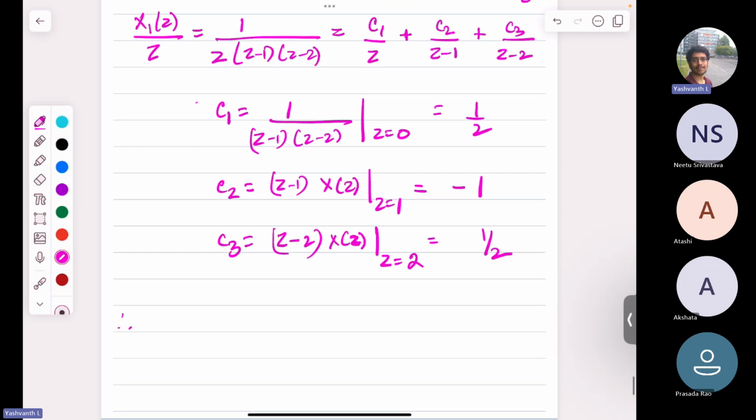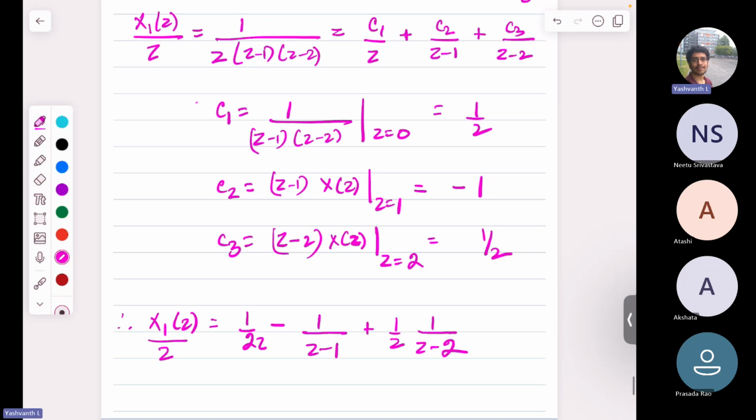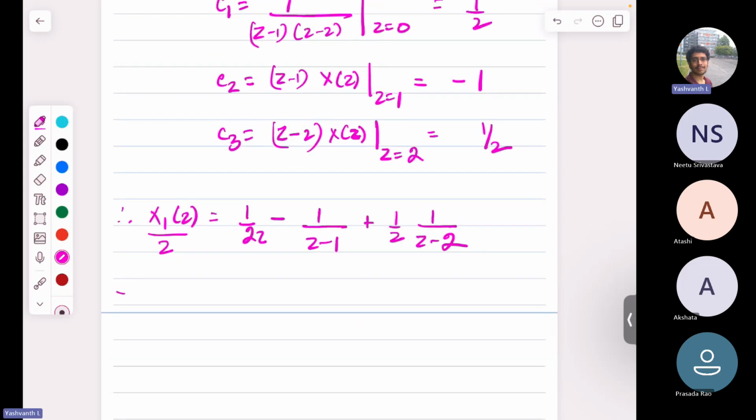Therefore, X1 of z by z equals half of 1 by z minus 1 by z minus 1 plus half of 1 by z minus 2. Now take the z to the other side, which implies X1 of z is half minus z by z minus 1 plus half into z by z minus 2.